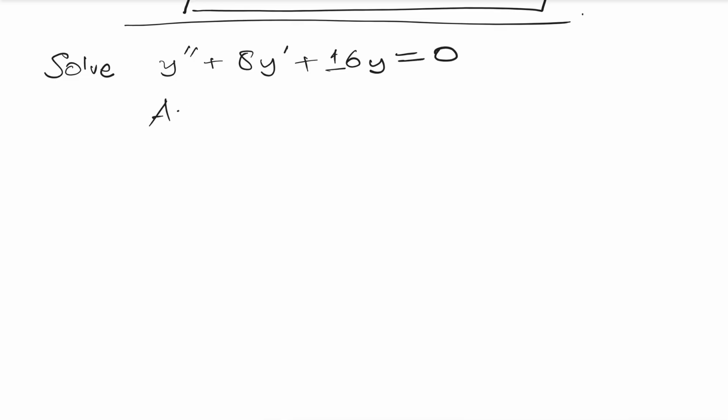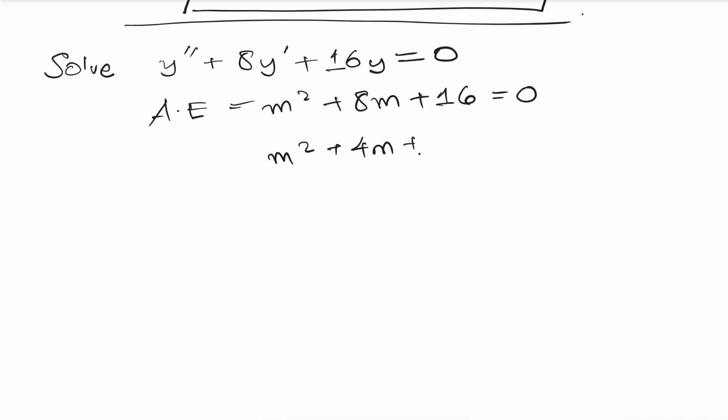Again, finding the auxiliary equation, m square plus 8m plus 16 is equal to 0. That is m square plus 4m plus 4m plus 16 is equal to 0.